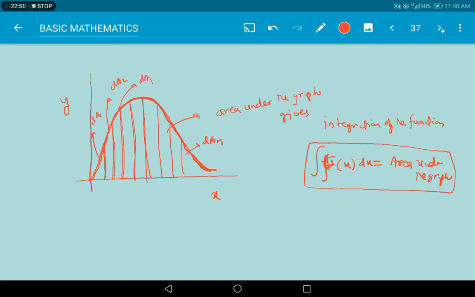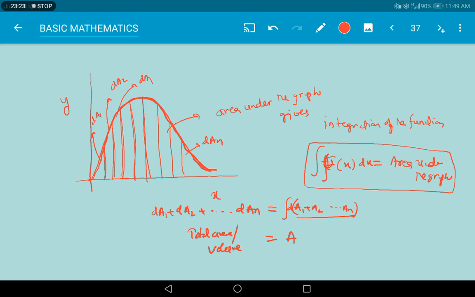If you add all these parts, what are you going to get? dA1, dA2, dA3, and so on up to dAn is equal to the integration of A1 plus A2 up to An. Therefore it gives the total area. So if you want to find out the total area or volume of a function, we are using this.